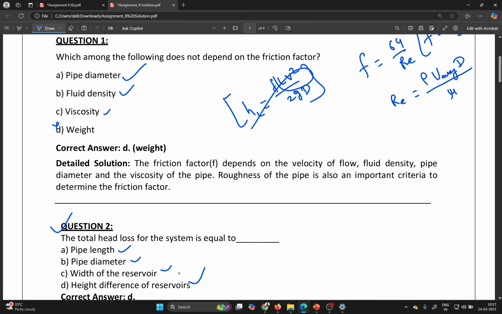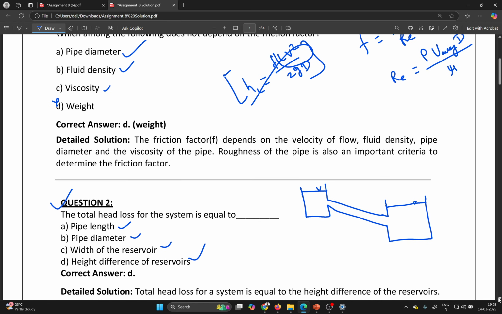As you apply the Bernoulli equation between the two reservoirs, whatever the head loss will be, the height difference will show you the total head loss in the system.